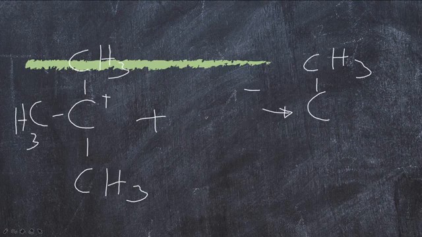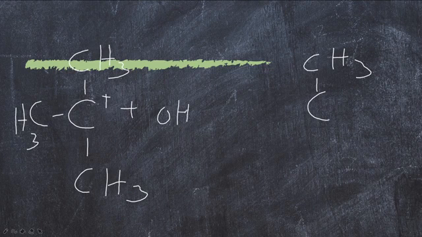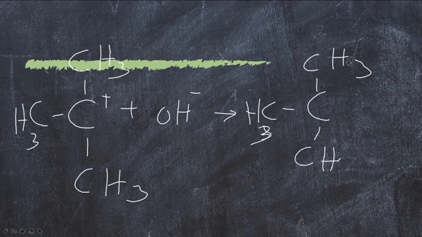To reduce this so I can have enough space to write: this is the positive charge, this is the OH group minus, and this is C. So let's take this off. This is CH3, CH3, another CH3, and this is OH. So this ends up forming t-butanol.